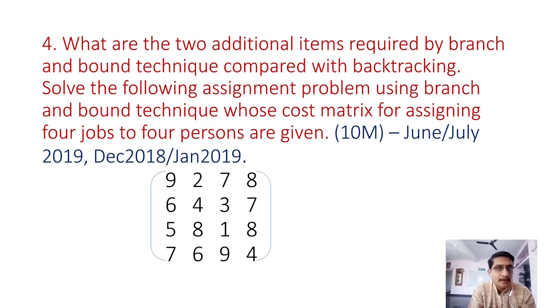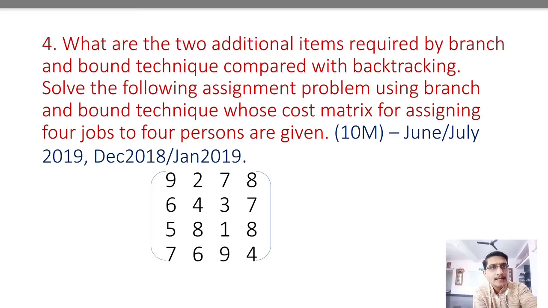The same problem we have discussed in the video on the job assignment problem, and you can divide these 10 marks like this: 2 marks for the first part of the question and 8 marks for the second part. It was asked in July 2019, and also repeated. The same question is repeated in December 2018 and January 2019.